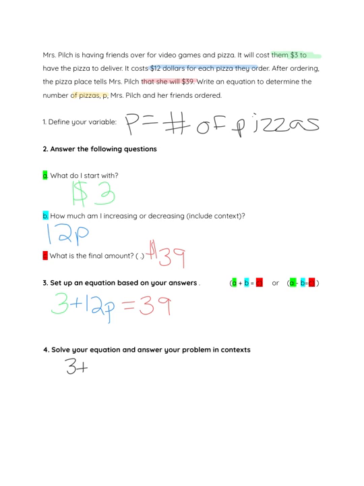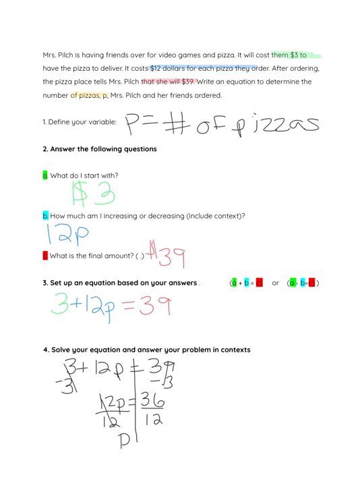So 3 plus 12P is equal to 39. All right, simple two-step equation. Let's do it. Got my positive 3 over here. Lovely. Need to get rid of it. I'm going to subtract 3 from both sides. Boom, boom. Now I'm left with 12P is equal to 36. All right, 12 times P, I need to undo that multiplication, so I divide both sides by 12.